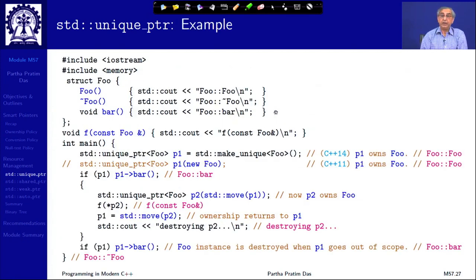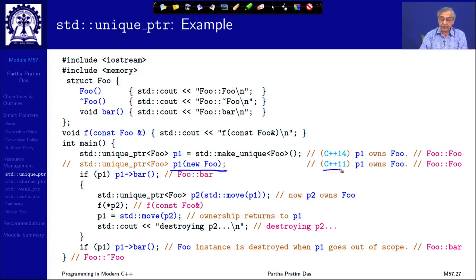Here I have given a simple program which you can execute and see that the basic behavior of ownership transfer is happening properly. So, for example, you create a unique pointer. Instead of writing this, you can also write this, new foo, and use that to initialize the unique pointer.